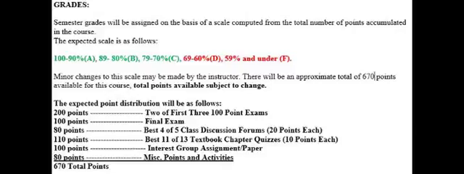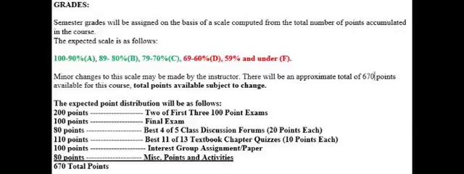At any given time during the semester, if you want to know what your grade is, figure out how many points you've earned, figure out how many points have been available, and divide the number of points you've earned by the number of points available. It'll give you a decimal answer, and then you just convert that decimal to a percentage, and that will basically tell you what your grade is during the semester.